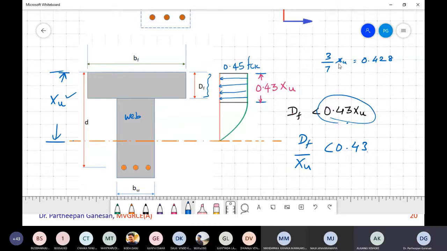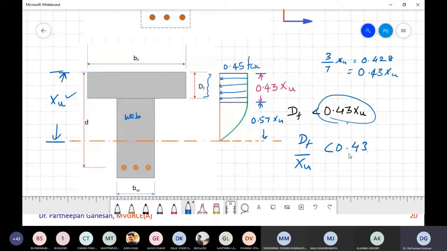So this is equivalent to 0.43 Xu. Is that clear? This rectangular part is 0.43 Xu. This parabolic part is 0.57 Xu.